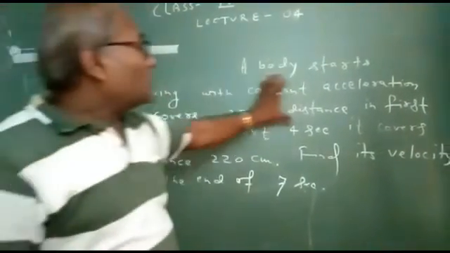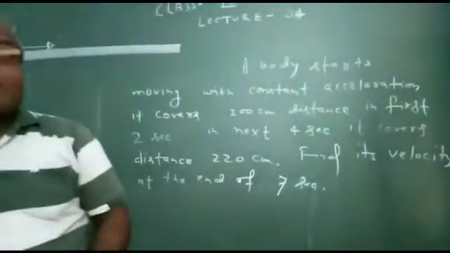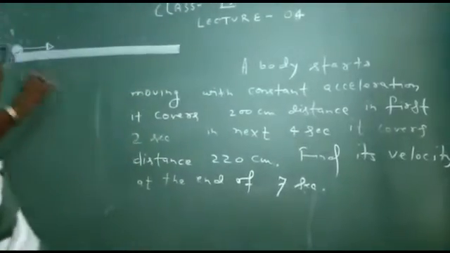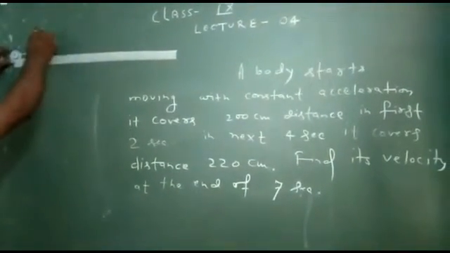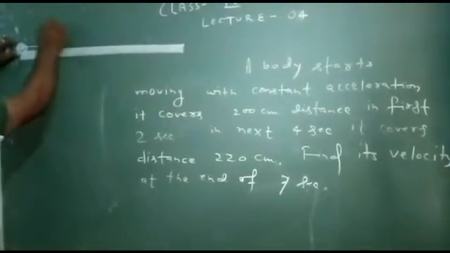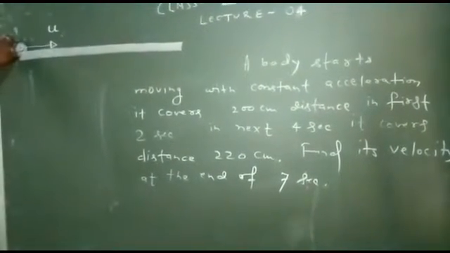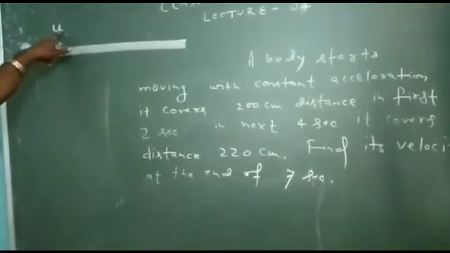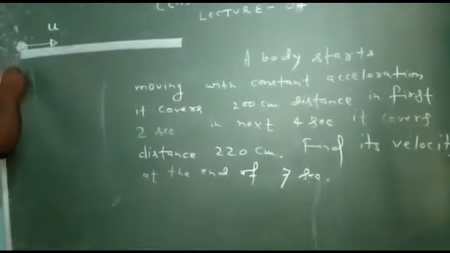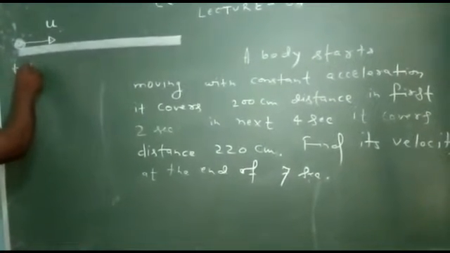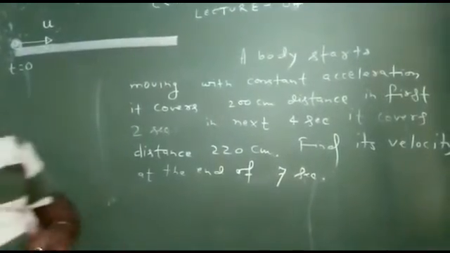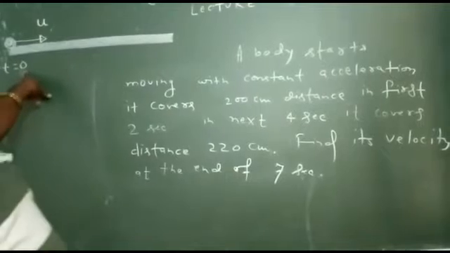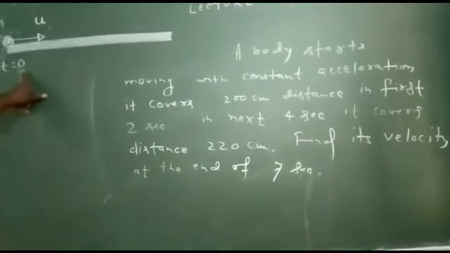But in this statement, there is no such information. Hence, let us suppose that it has some initial velocity, denoted with u, and obviously t will be 0 here because the body starts moving, and so time is counted from 0.